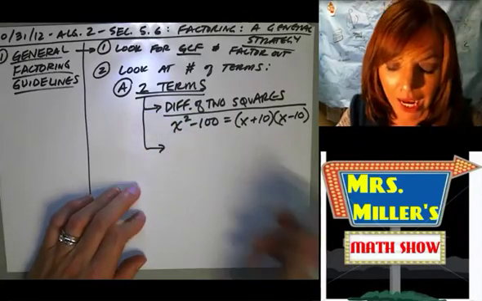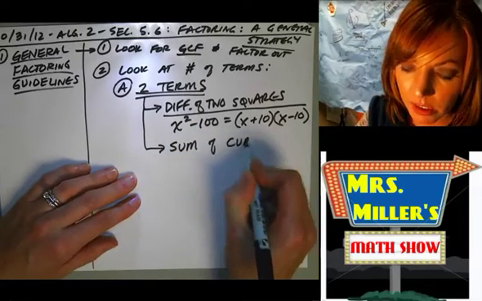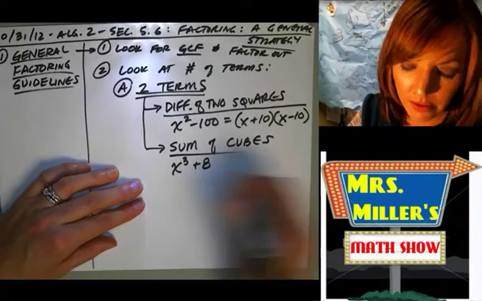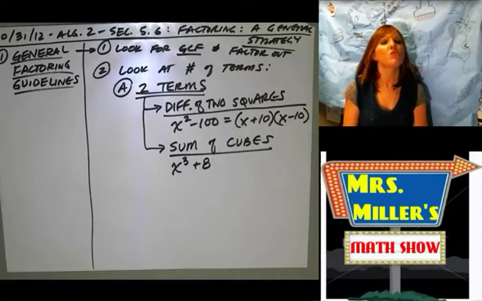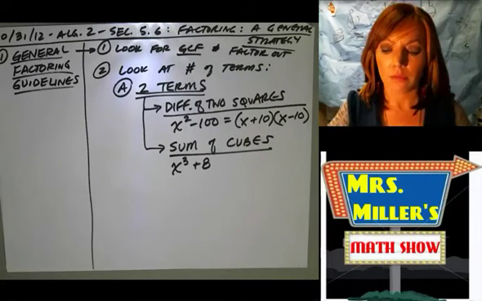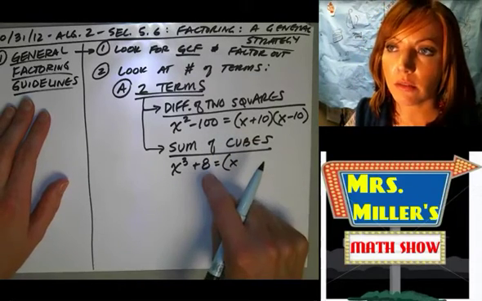Another one we learned yesterday, and that is the sum of cubes. So x cubed plus 8. Those were those formulas that I told you all you should memorize, remember? Thane, you remember how to factor this? You write x plus... what is the cubic root of 8? 2. So x plus 2.